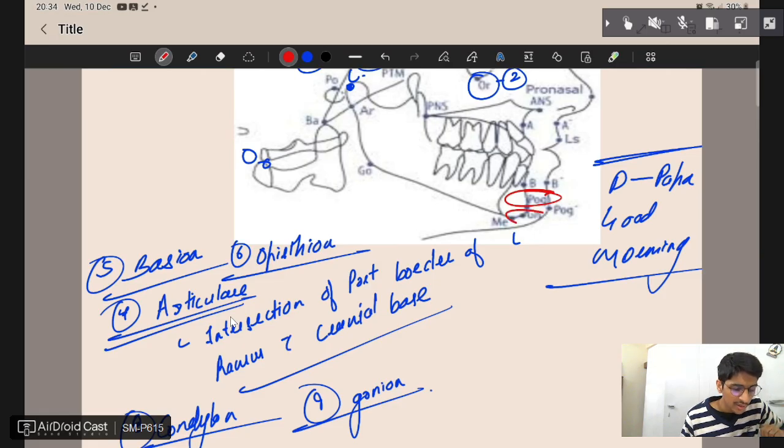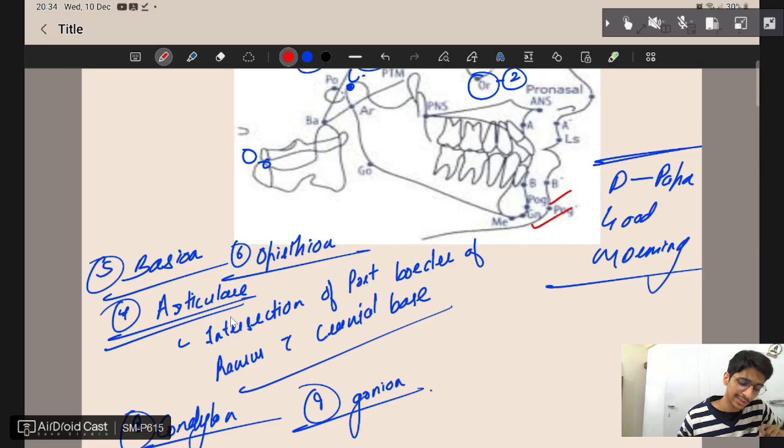Then comes gnathion. Sorry, I misspoke earlier: pogonion is the most anterior point on the chin.